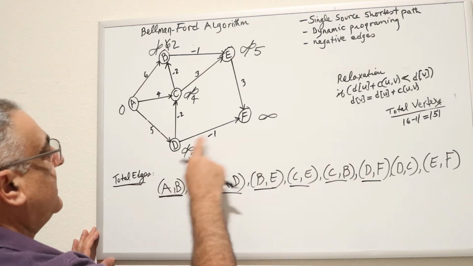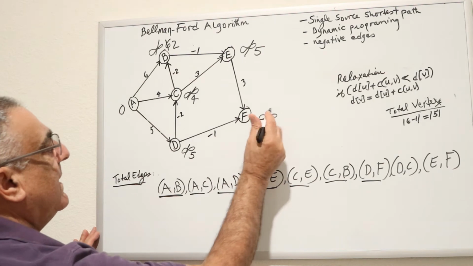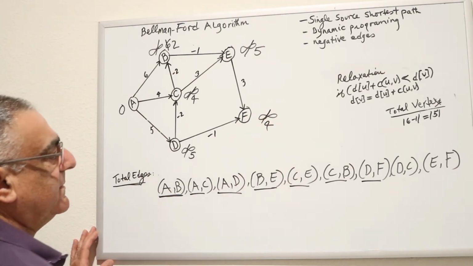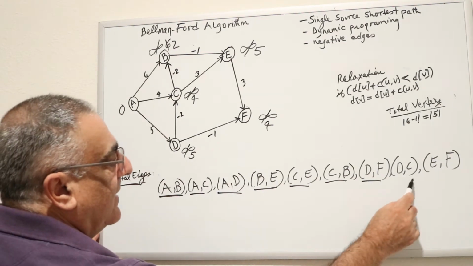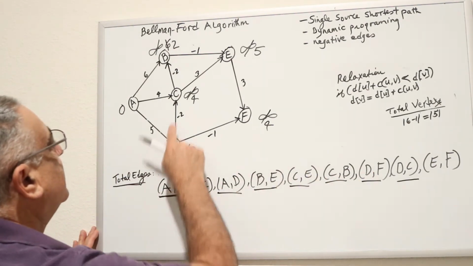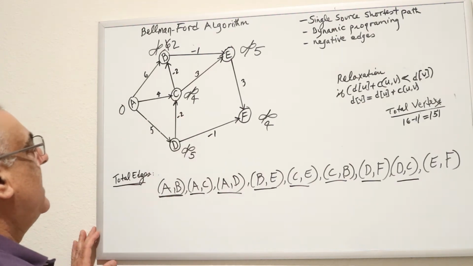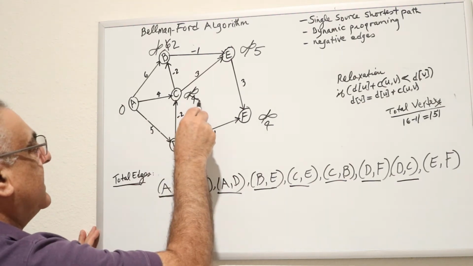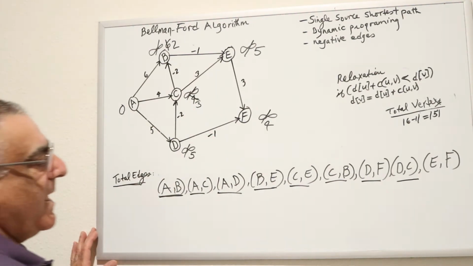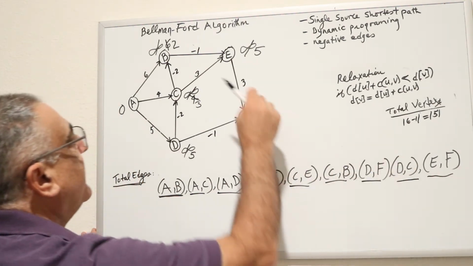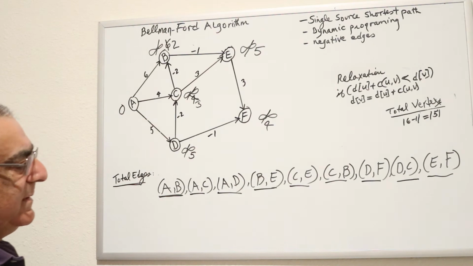D to F, 5 plus -1, that's a 4, so I'm going to take 4, it's less. Now D to C, 5 plus -2, that's a 3, which is better than 4, so I change that to 3. Now E to F, 5 plus 3, so 4 is better, so leave it as it is.